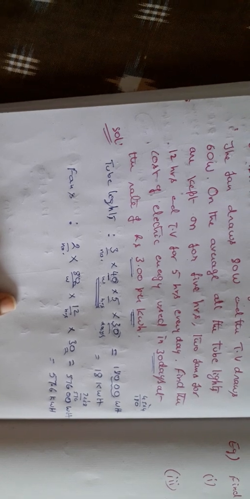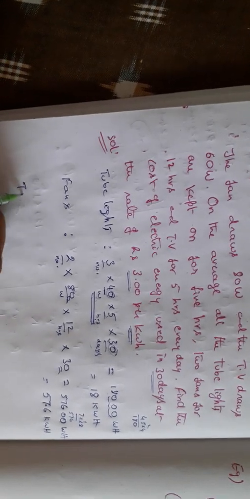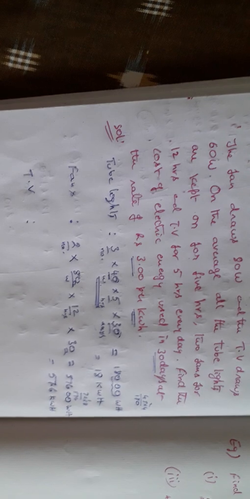Now what is the other thing that is given? Tube lights are done. Fans are done. And then television. When it comes to the TV's consumption, only one TV is there and the TV draws 60 watt. So 1 into 60 into how many hours will the TV be on?